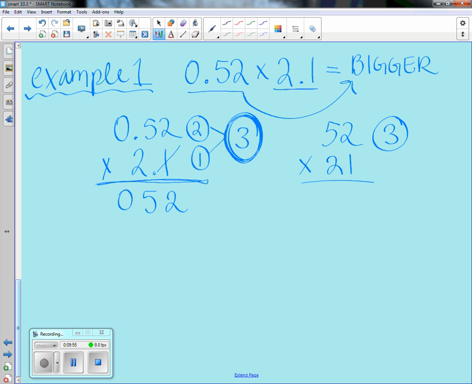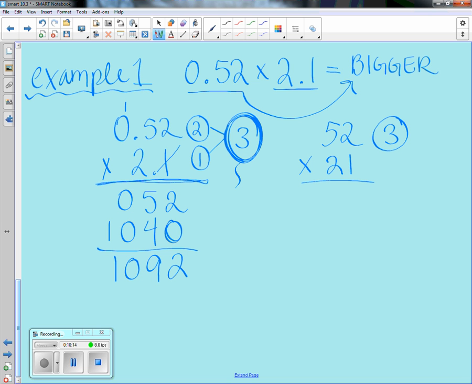Now I finished with the 1, I add a 0 for place value, now I move on to the 2. 2 times 2 is 4, 2 times 5 is 10. Carry it over here. 2 times 0 is 0 plus 1. And then I add. Just like regular multiplication.